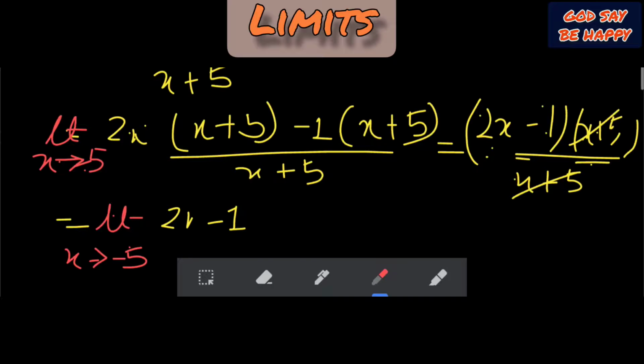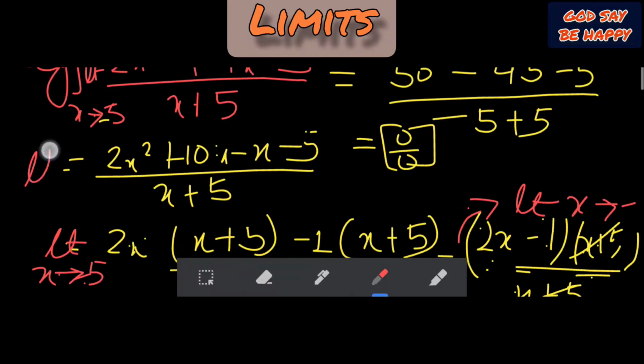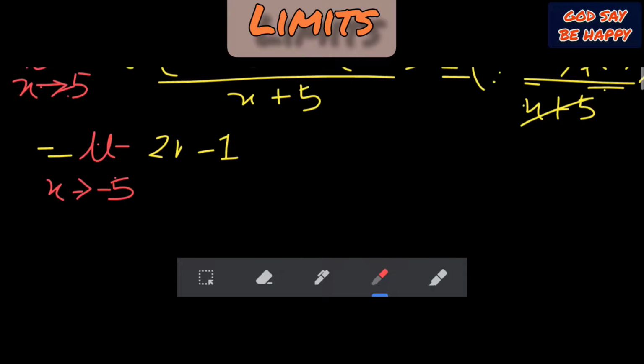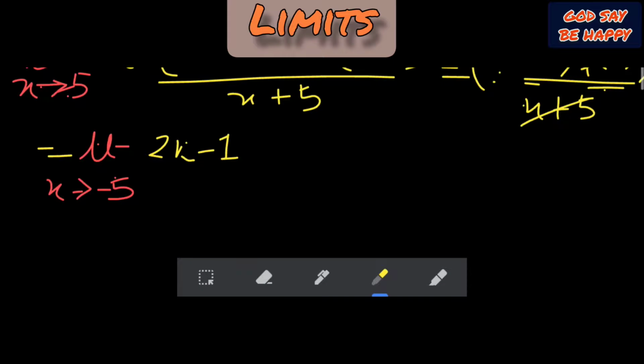I forgot to put limit, but you remember to put limit. Now if we here apply limit, we will get minus 10 minus 1 is equal to minus 11.